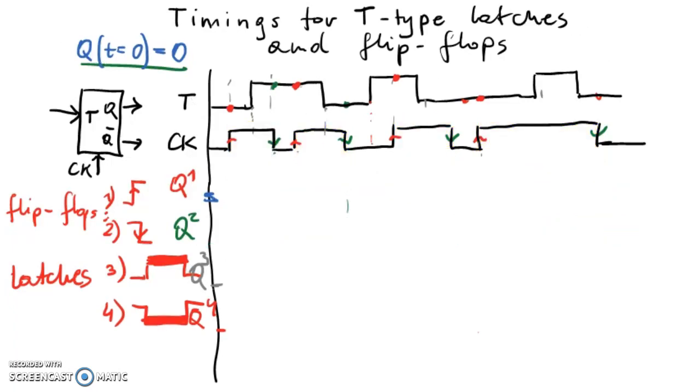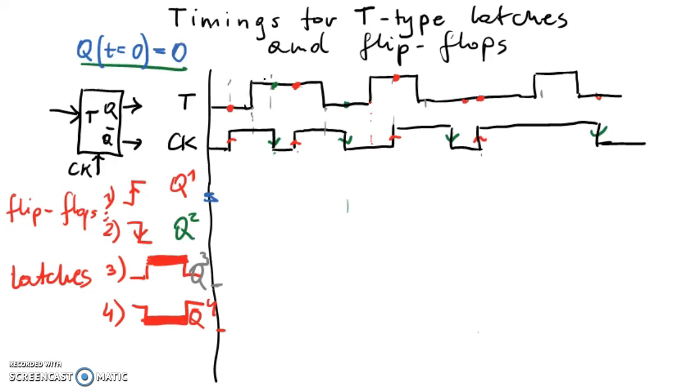Hi, we are continuing timing analysis for latches and flip-flops. In this mini lecture I will be dealing with T-type elements, and let's start. The assumption for the initial condition is the same. The initial state of Q is 0.